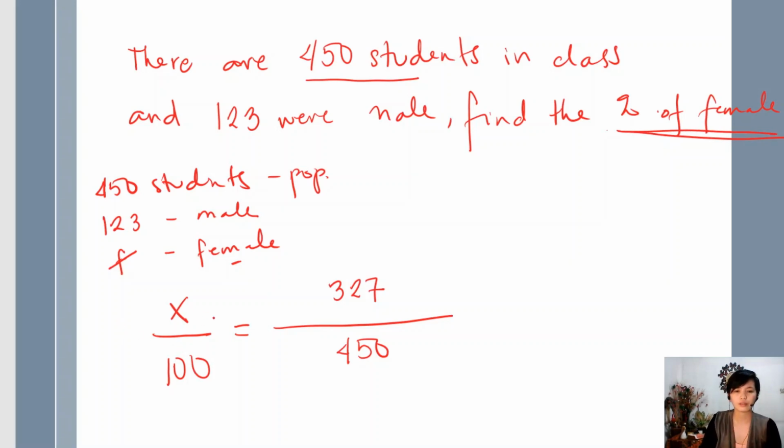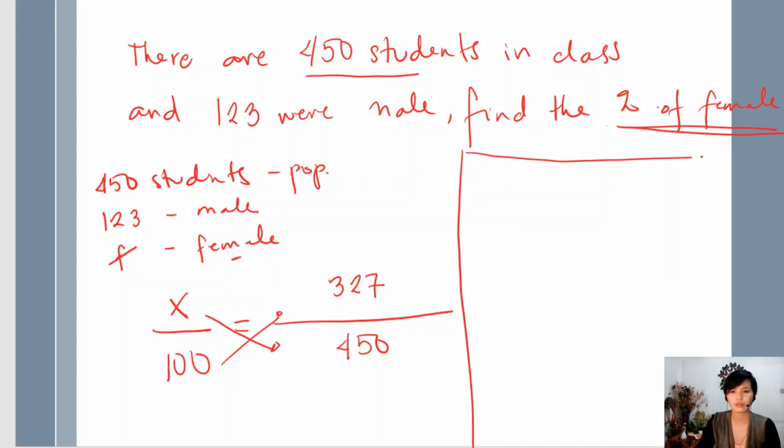So let's cross multiply the opposites. So x times 450 is equal to 450x, is equal to 100 times 327, is equal to 32,700.